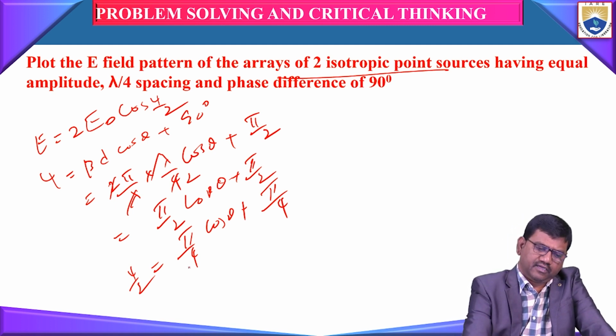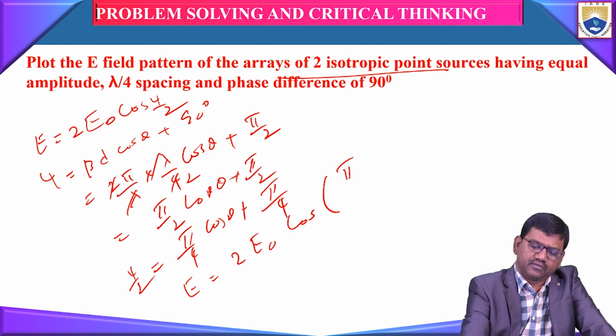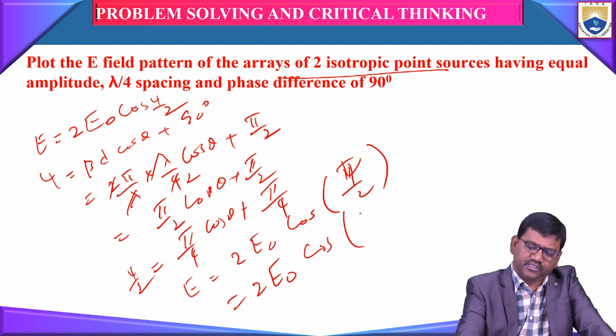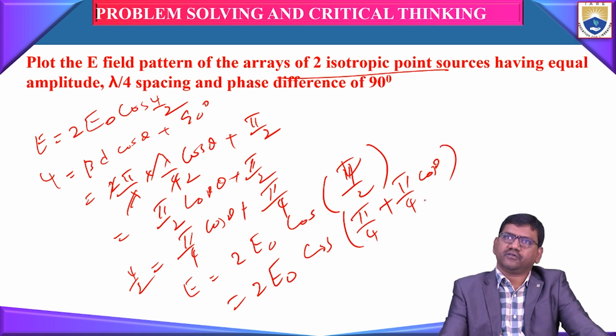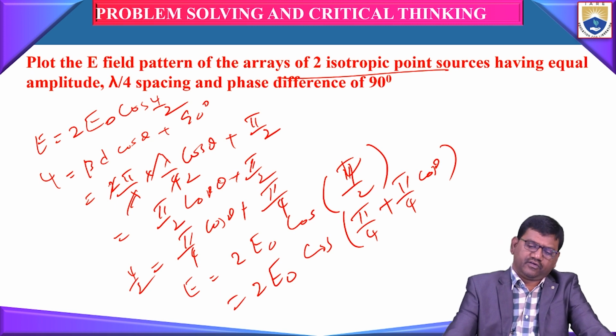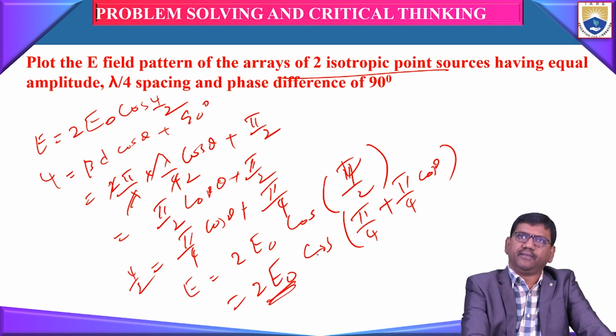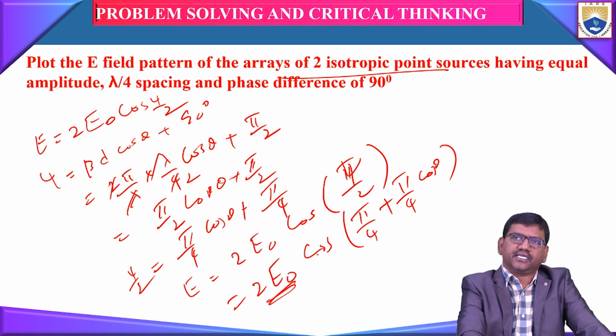So let us apply this: E is equal to 2 E naught cos of psi by 2, that is, cos of pi by 4 plus pi by 4 cos theta. Now for normalizing, the maximum amplitude is taken as 1.